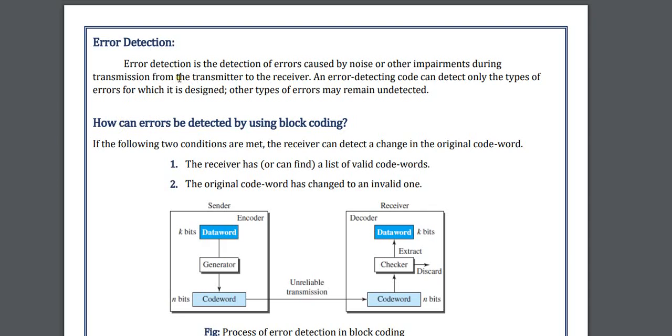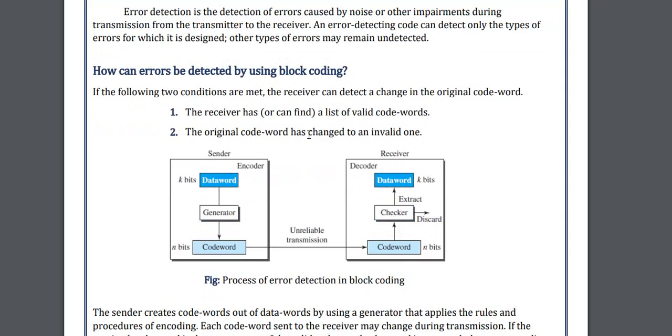Error detection. We already know what an error is, and error detection means finding out the error. How can an error be detected? By using block coding. In this section we have an encoder and a decoder. The encoder is on the sender side, and on the receiver side we have the decoder.